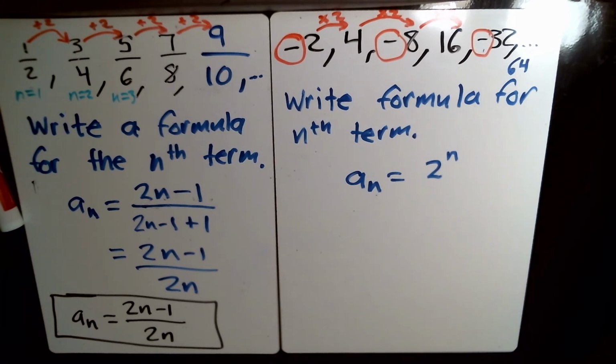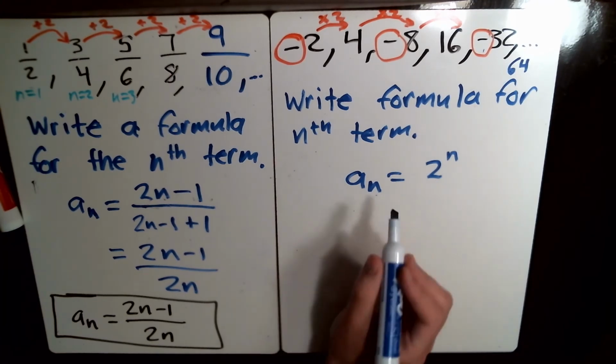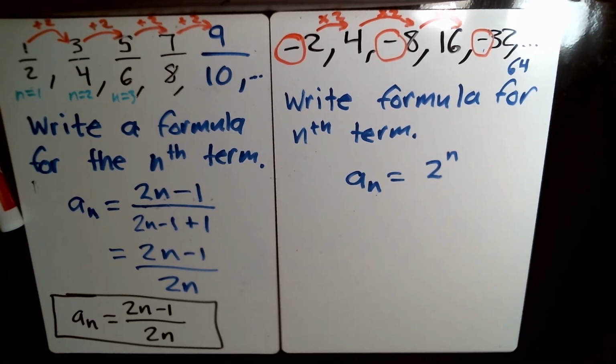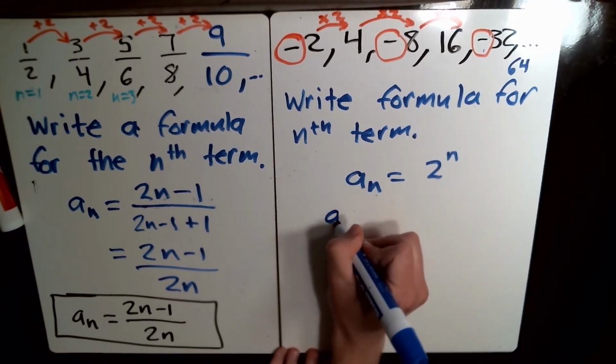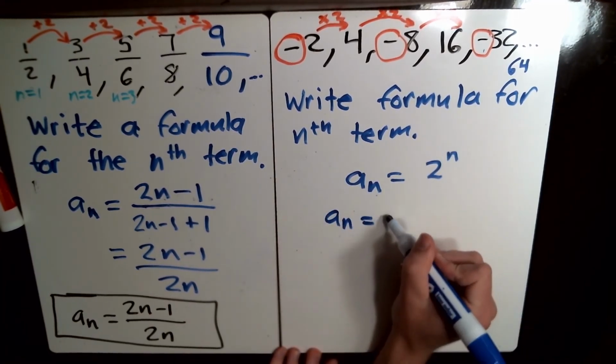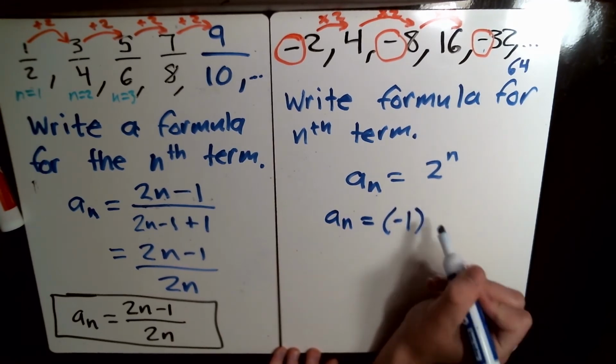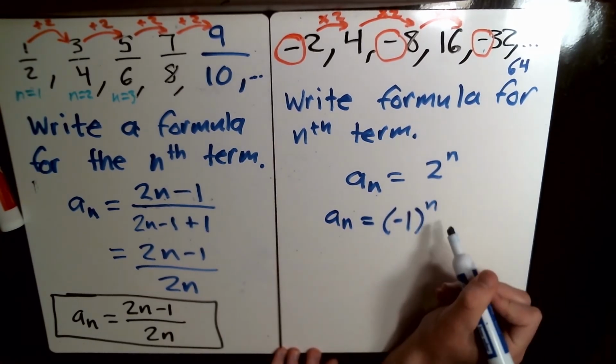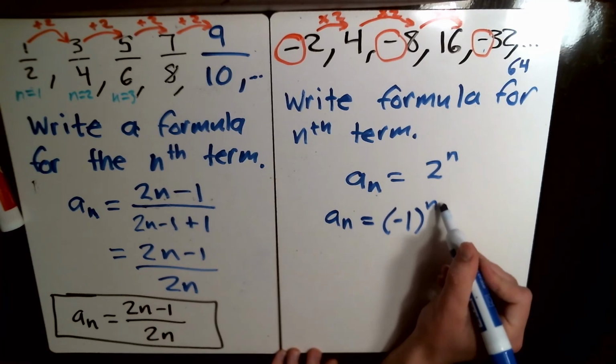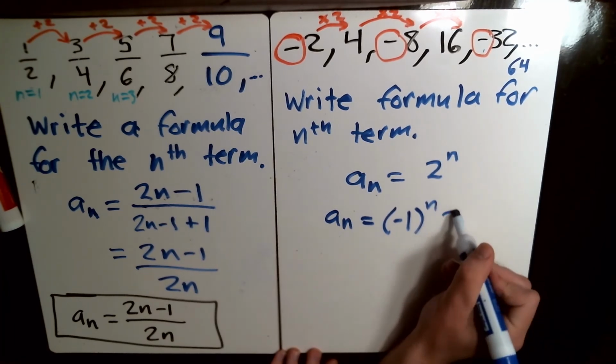And to deal with the negatives alternating back and forth, this is a trick that you can use: whenever you want negatives to alternate back and forth, you can just throw in a -1 to the n, or sometimes to the n-1 power.